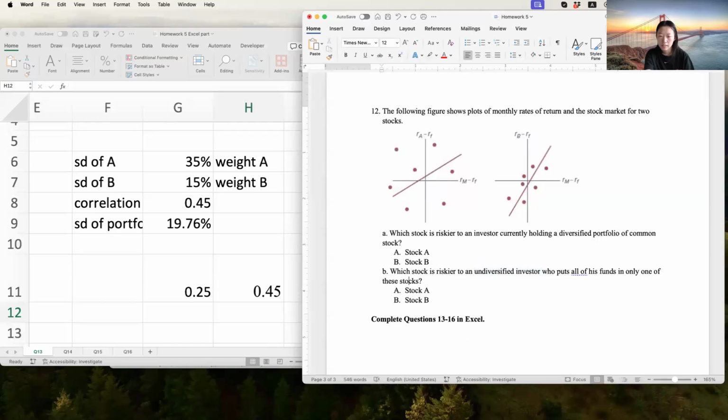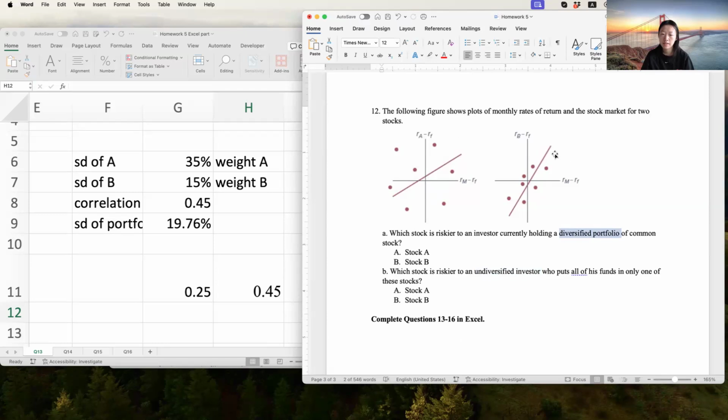For an investor holding a diversified portfolio, we can basically think of it as the market.